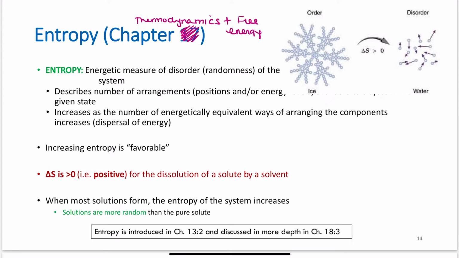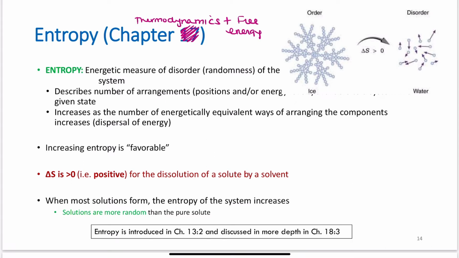Remember, these compounds want to minimize their energy. So if I can take that little pot I have and separate it out into energetically equivalent states, then I have increased the number of microstates. I've increased the disorder because now that amount of energy is separated across 5 areas, but I've also increased the entropy and made the system more favorable because the energy is dispersed over a larger area.